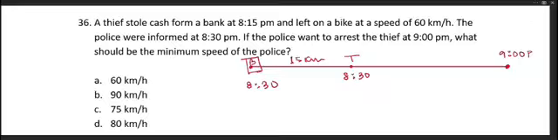If the police want to catch the thief at 9 p.m., that is half an hour later, then what should be the minimum speed of the police?